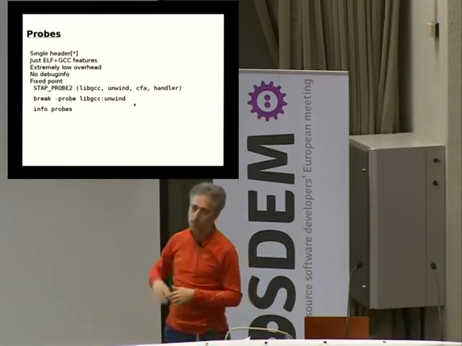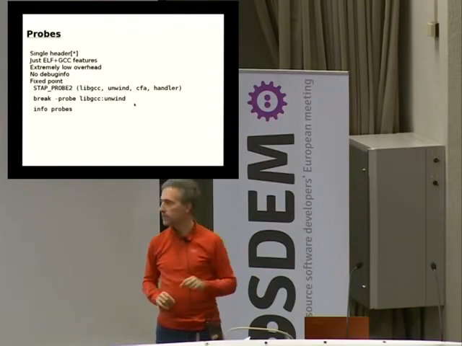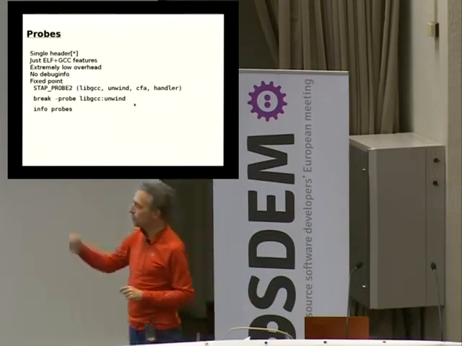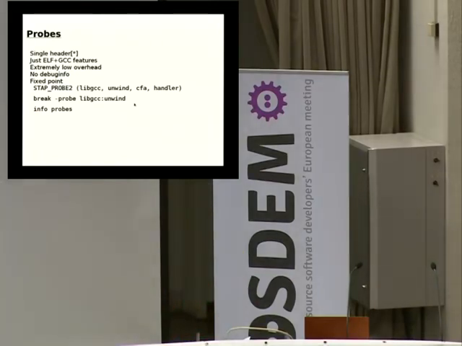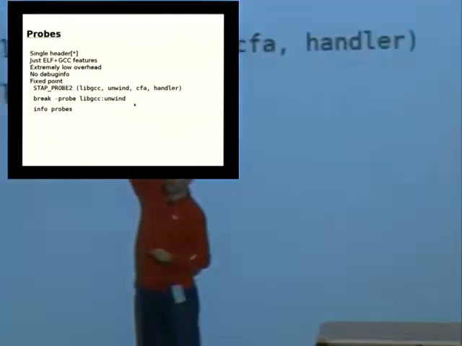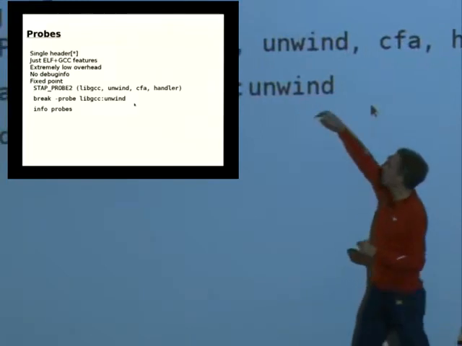So we added a probe into libgcc, and this probe is right in the middle of the unwinder. And then what we did is we changed GDB to look up this probe. If you look at the syntax here, stap probe, that's the provider name, that's the name of the probe, so it's libgcc, the unwind probe, and then these are arguments.